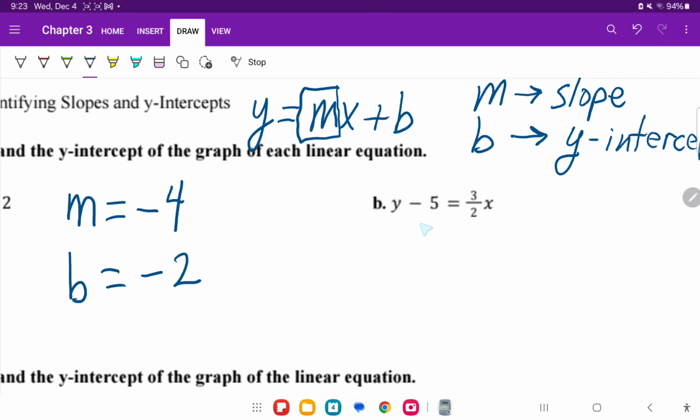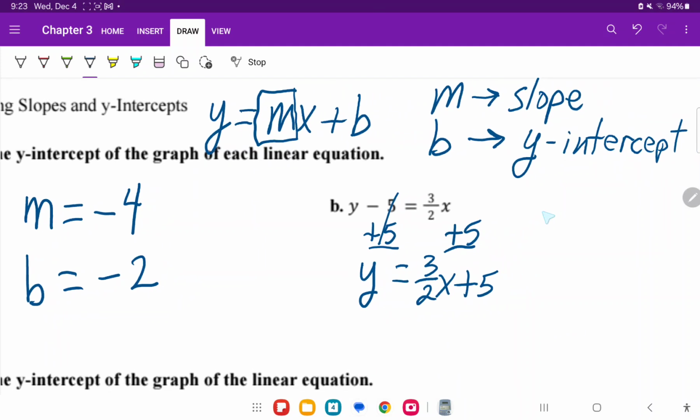To do that, we need to move this to the other side. On the left side, I have y, now y is all alone, and you just bring down the 3 over 2x plus 5. It has to be in this form, with y all alone on the left.